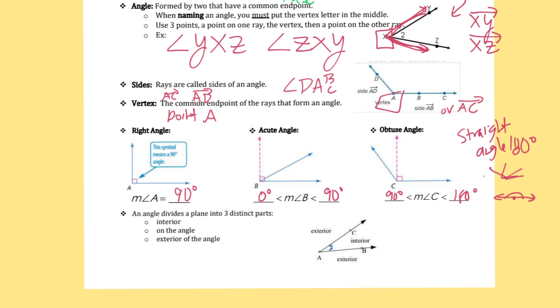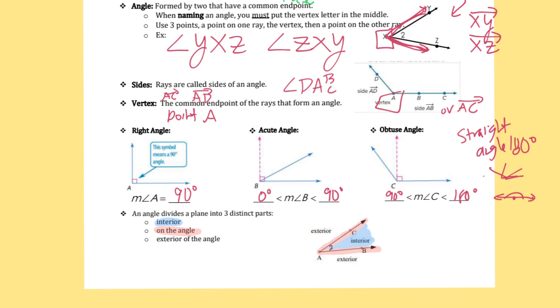And then we're talking about the places of an angle. Let me get my highlighter out here. You might want to use your highlighter here. So the interior is going to be inside of an angle. This is the interior of an angle, inside between the two rays. On the angle is going to be basically the two rays and the vertex that form it.